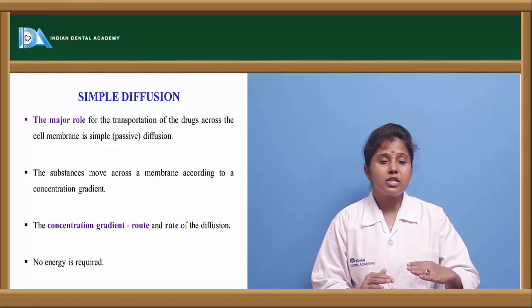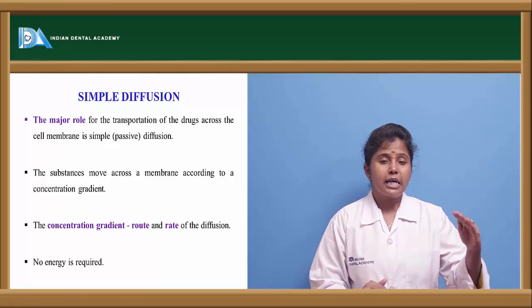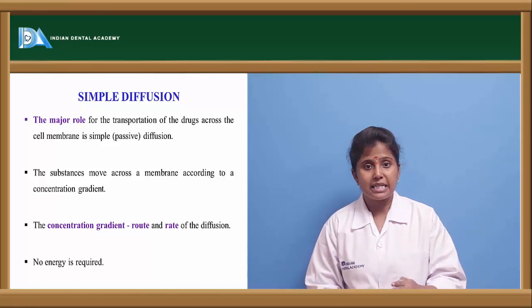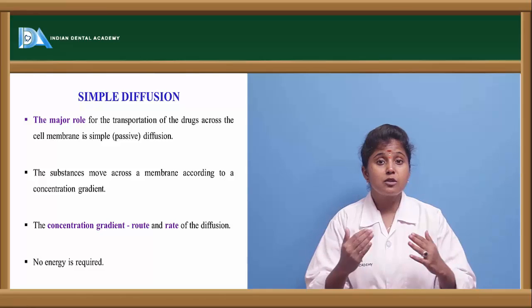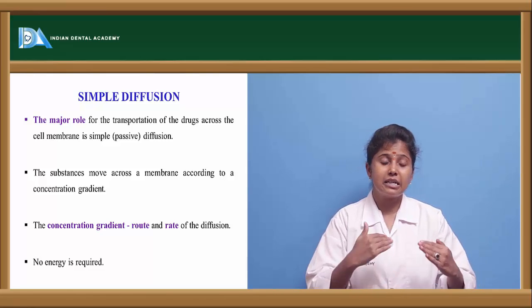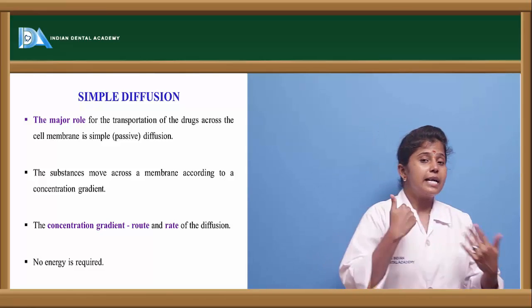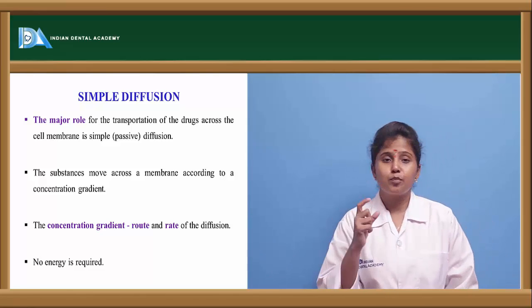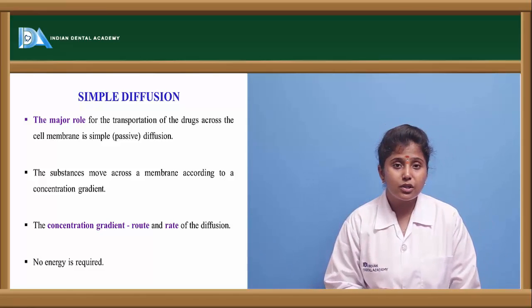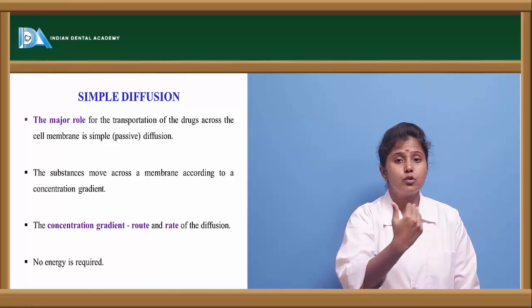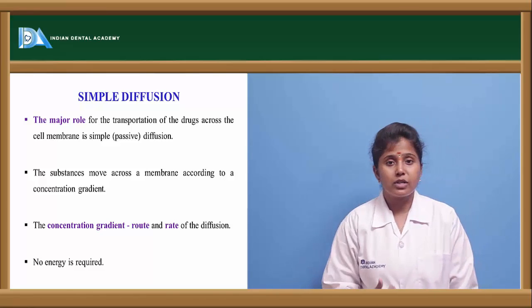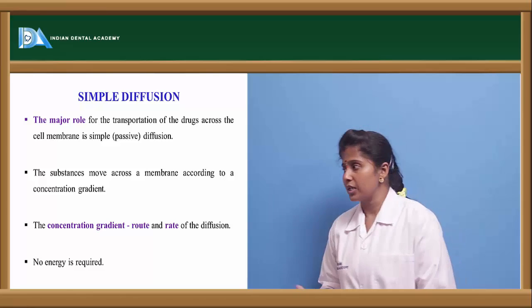If the concentration is high extracellularly, the drug moves from outside to inside the cell, and if the concentration of the drug is high inside the cell, then the drug molecules move from inside to outside the cell. It is purely based on the concentration gradient and the rate of diffusion, how fast the molecules diffuse inside or outside the cell.